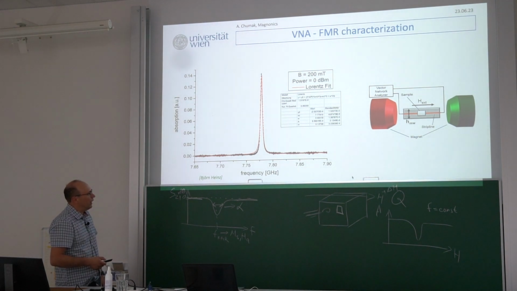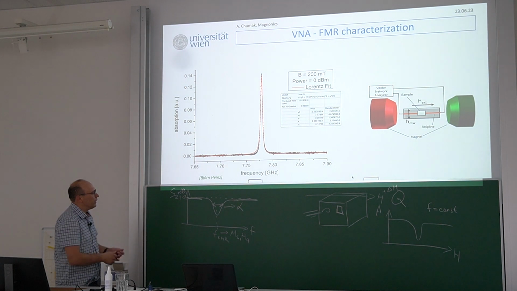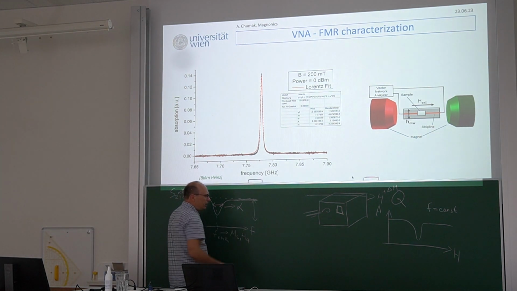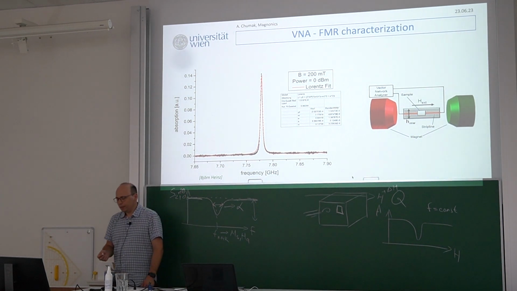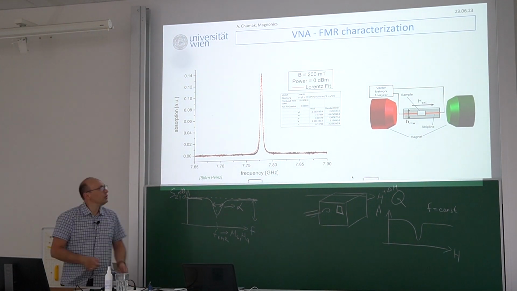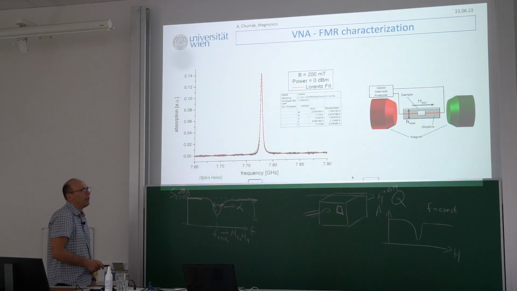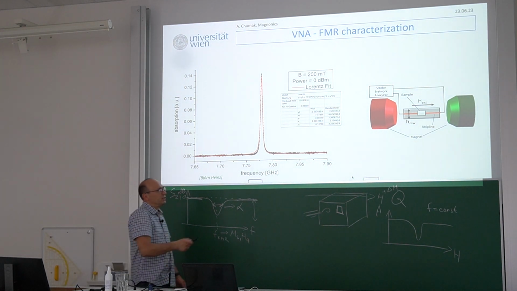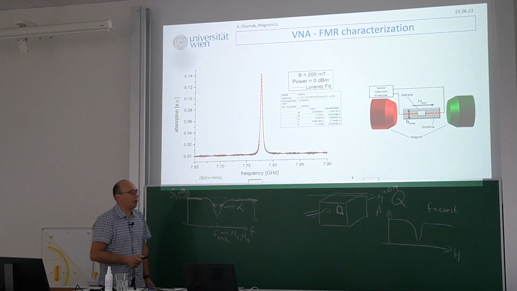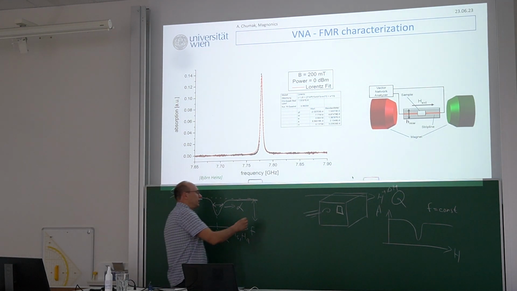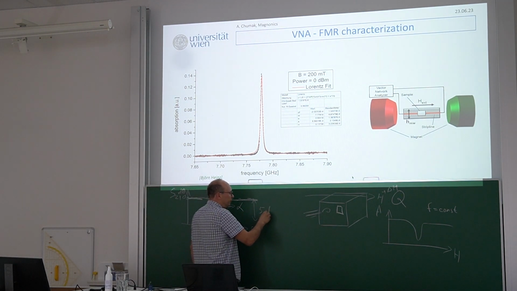And then what you can do, so we're probably asking how deep is this absorption? It really depends on the size of the sample, how large is your sample, so what is the volume of magnetic material that interacts with the field of the antenna. And first of all, thickness is critical. So if it's some thick sample, like 5 micron thick YIG or so, then you can expect here, I don't know, maybe 5 dB.